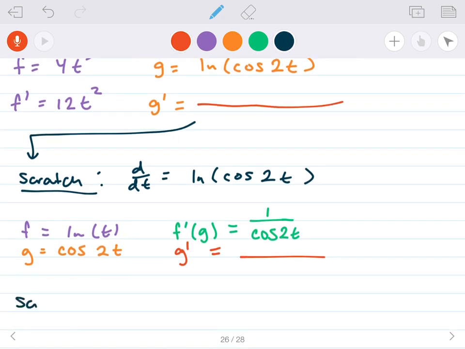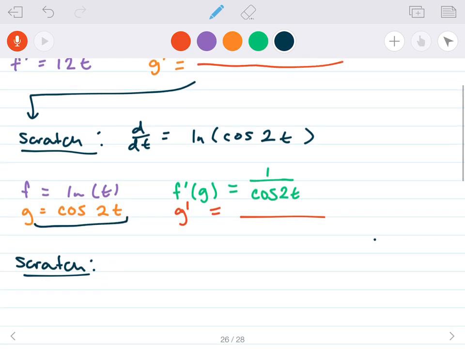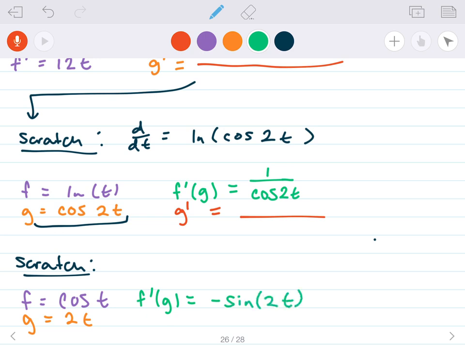So again, we need to do our scratch work here to figure out what goes in the blank. Okay, so we're looking at this function. My outer function in this case is just cosine. My inner function is going to be 2t. And f prime of g is just derivative of cosine is negative sine. So this is negative sine 2t. G prime is just going to be 2.